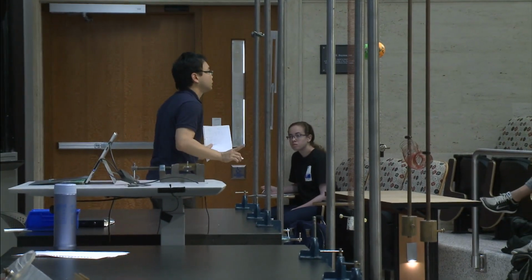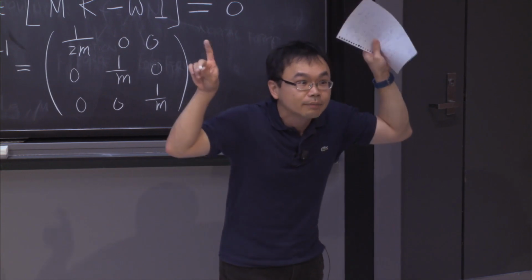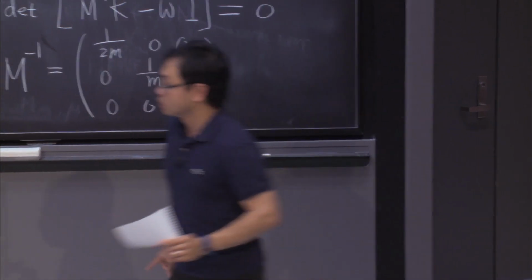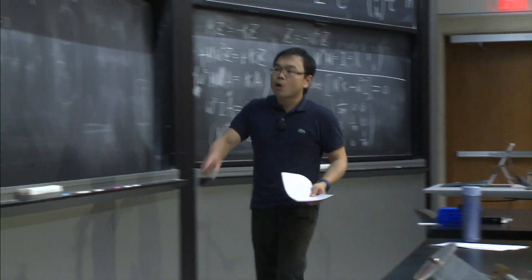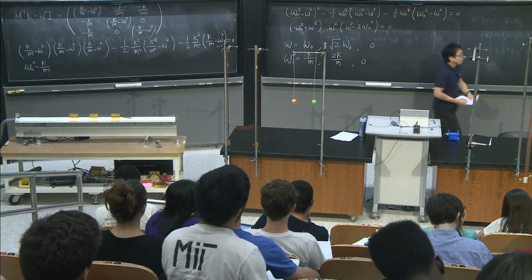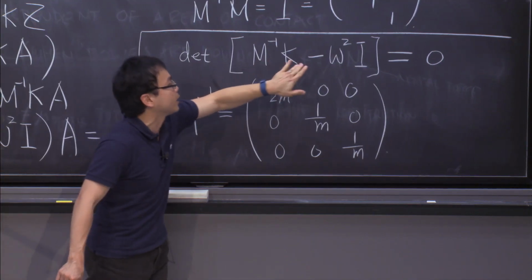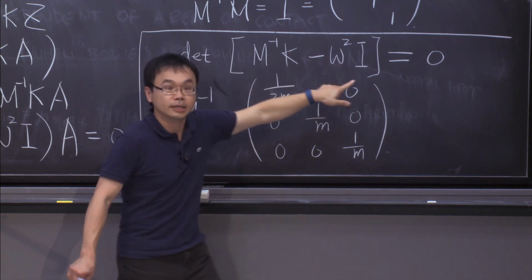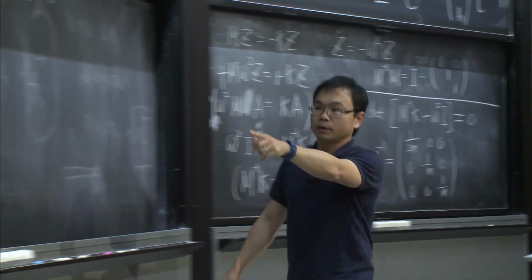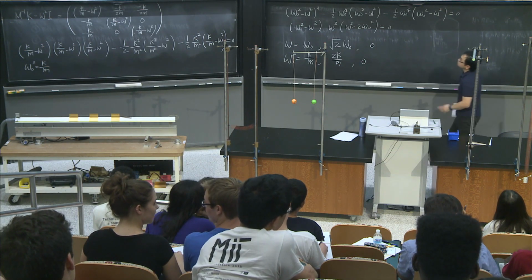A lot of mathematics, but in the end, after you solve the eigenvalue problem or the determinant equal to 0 problem, you arrive that there are only 3 possible values of omega which can make the determinant of n minus 1k minus omega squared I equal to 0. What are the 3? K over m, 2k over m, and 0.